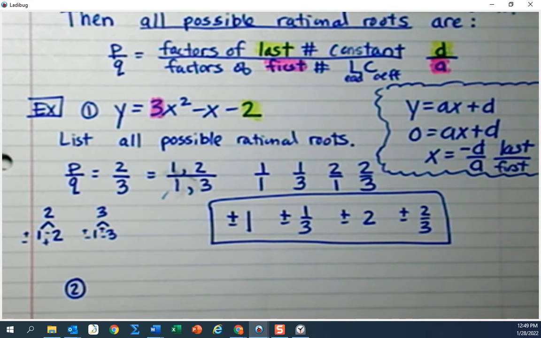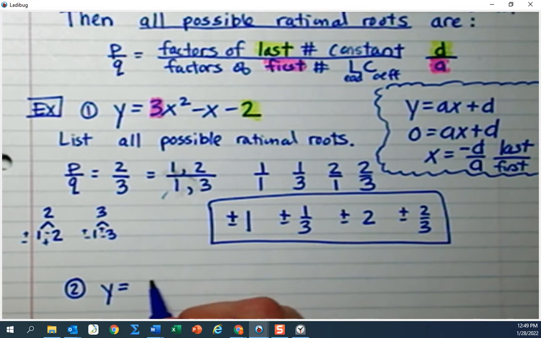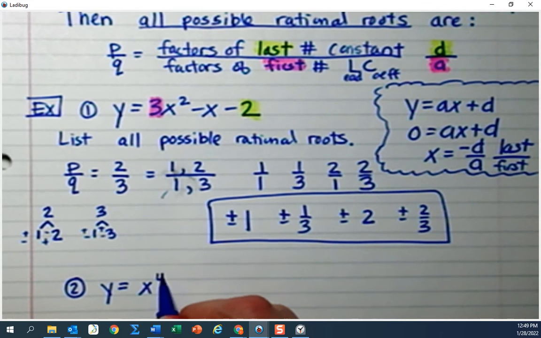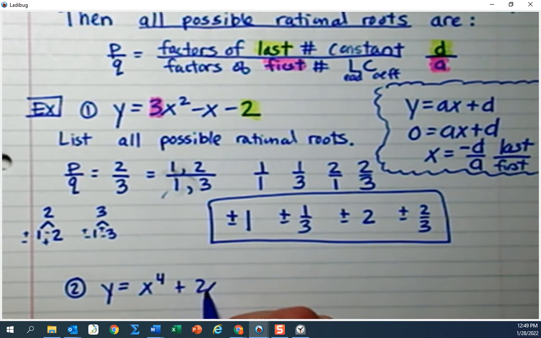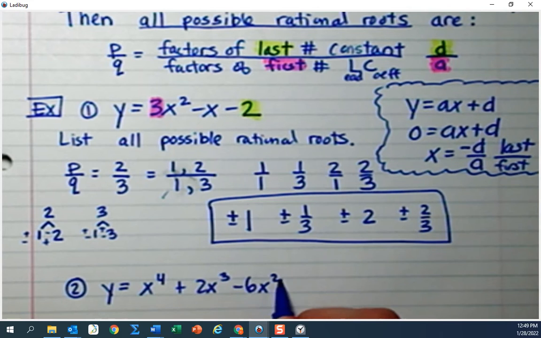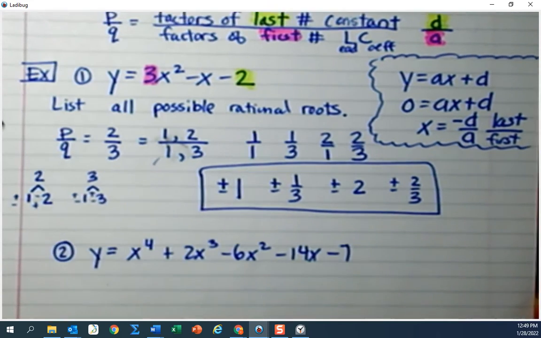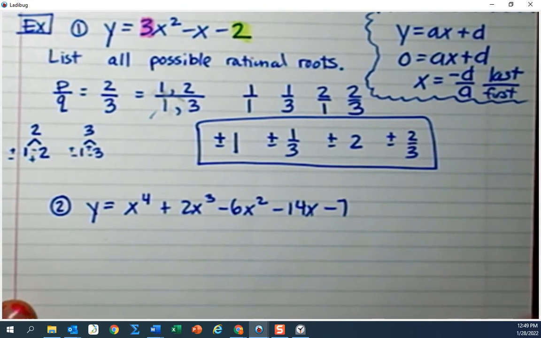Try it yourself. Y equals x to the 4th plus 2x cubed minus 6x squared minus 14x minus 7. Same thing.